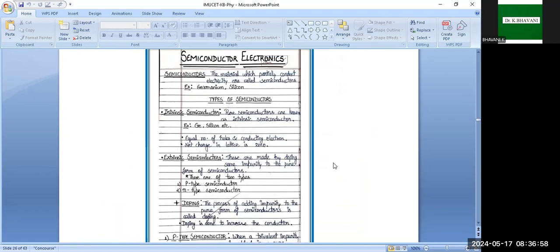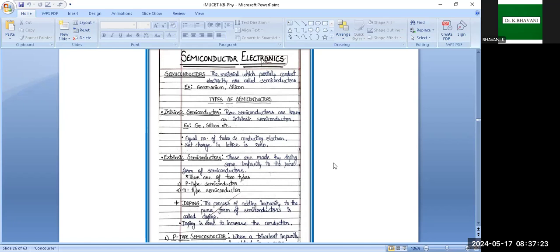So semiconductor electronics deals with materials that conduct electricity, which are called semiconductors. What are the two semiconductor elements? You know very well that they are germanium and silicon. Based on this, we can go to the types of semiconductor.